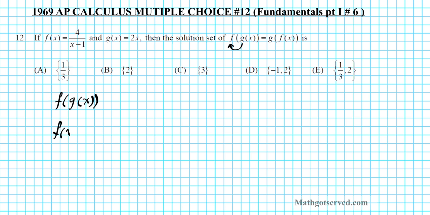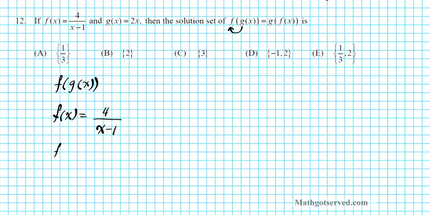Okay, so we know that f of x is 4 over x minus 1. So f of g of x is simply going to be 4 over, now instead of x, we're going to put in g, which is 2x, and then minus 1. So this is f of g of x.